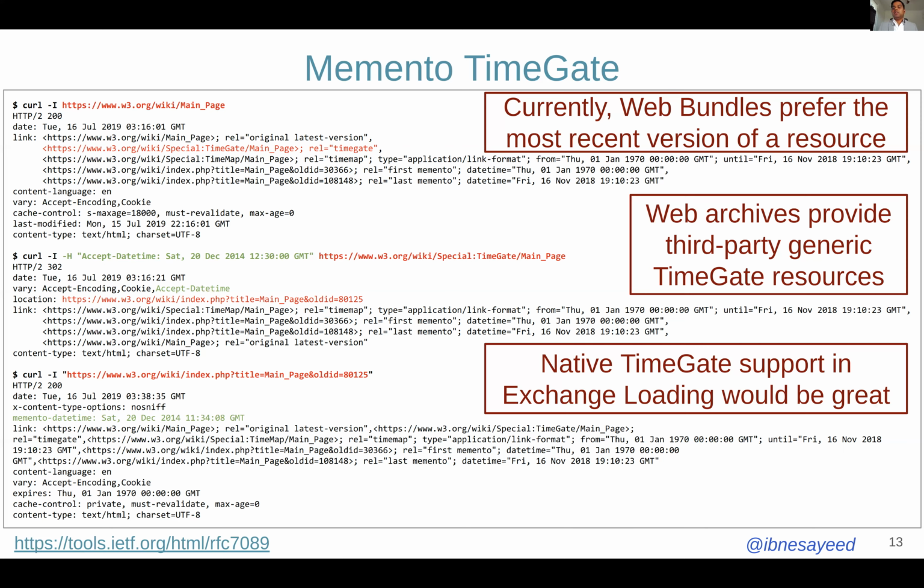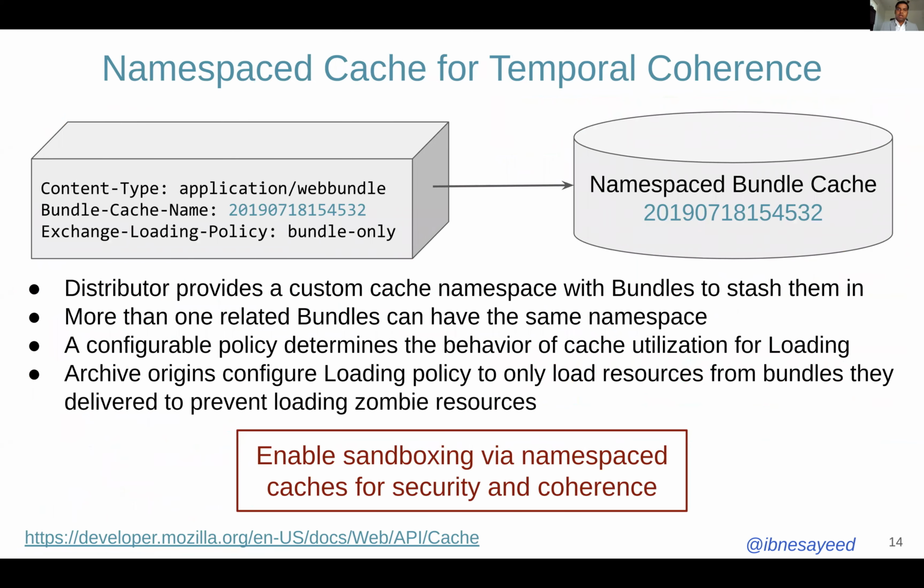So this needs to be handled somehow. One way would be to somehow implement native time gate support in the exchange loading specification, but there are other ways to handle it. One possibility is to do namespace cache for temporal coherence. What we do in this case is the server decides what would be the cache in which this bundle needs to be unpacked. And the server says to the client that the exchange should load only from this bundle and not from anywhere else.